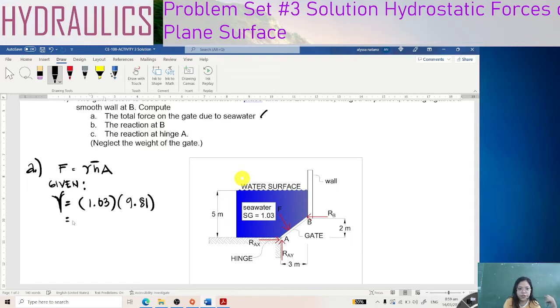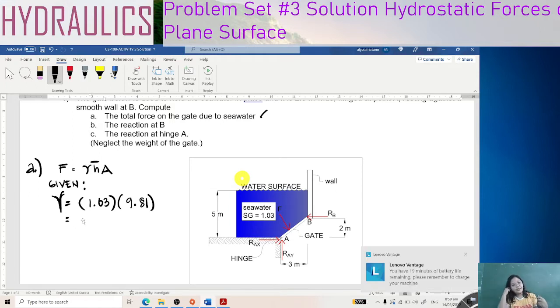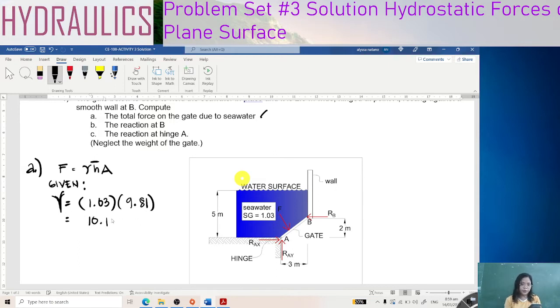So, ito na yung kanyang total na unit weight. Sandali, sa calculator ko. Get your calculators ready. So, ayan, i-multiply ko na para mas simplified. So, 1.03 by 9.81. The answer for unit weight is 10.1043. That is kilonewton per cubic meter. So, unit weight meron na.